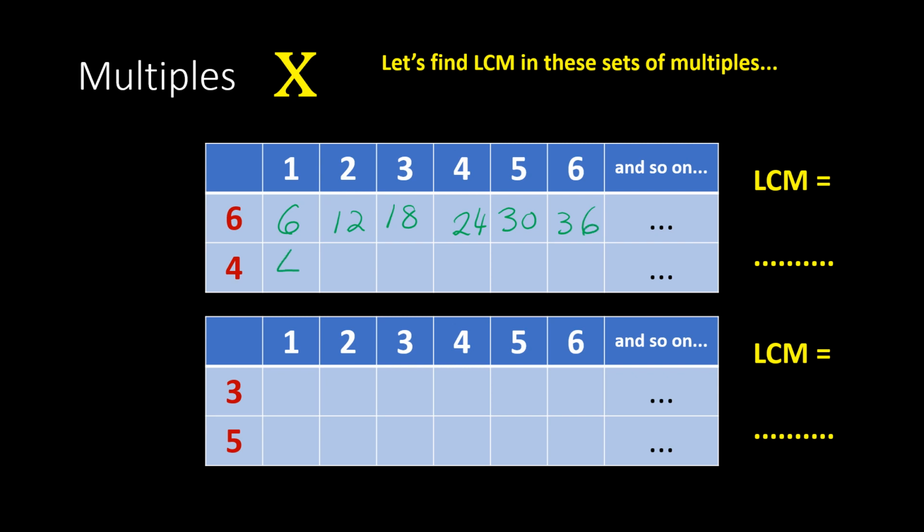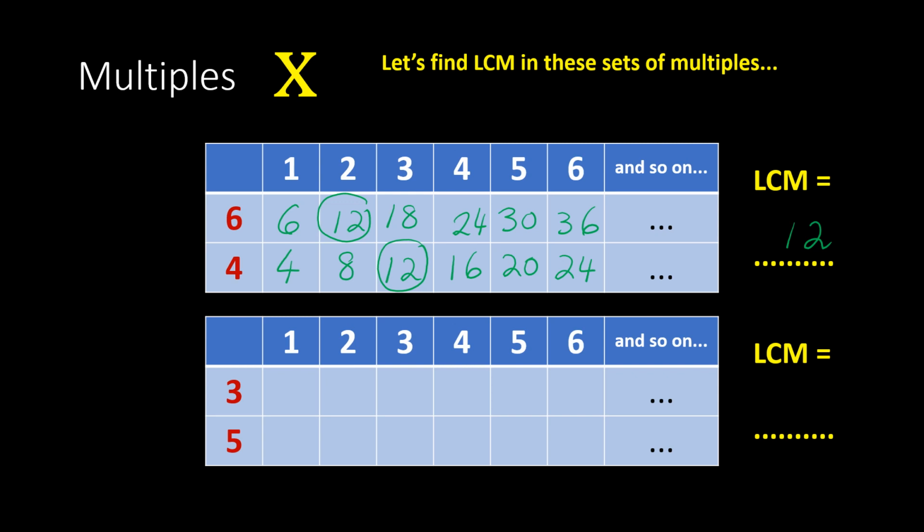Multiples of 4 would be 4, 8, 12, 16, 20, and 24. So the lowest common multiple here is 12. The LCM is 12.